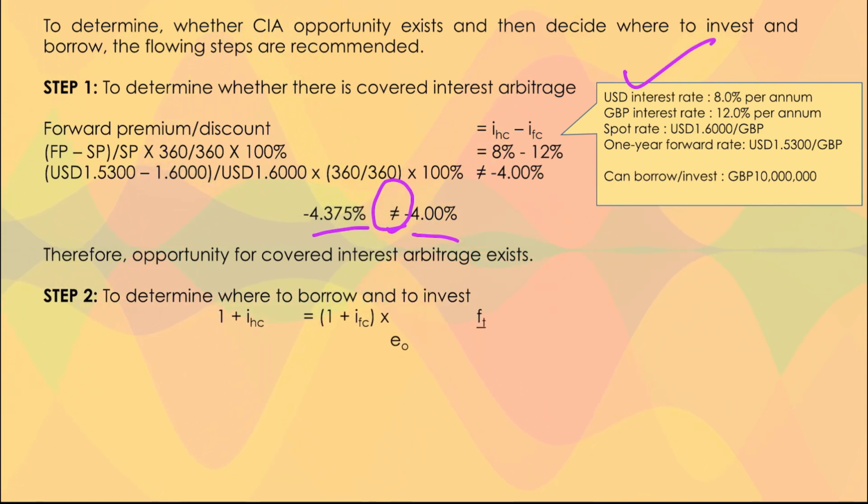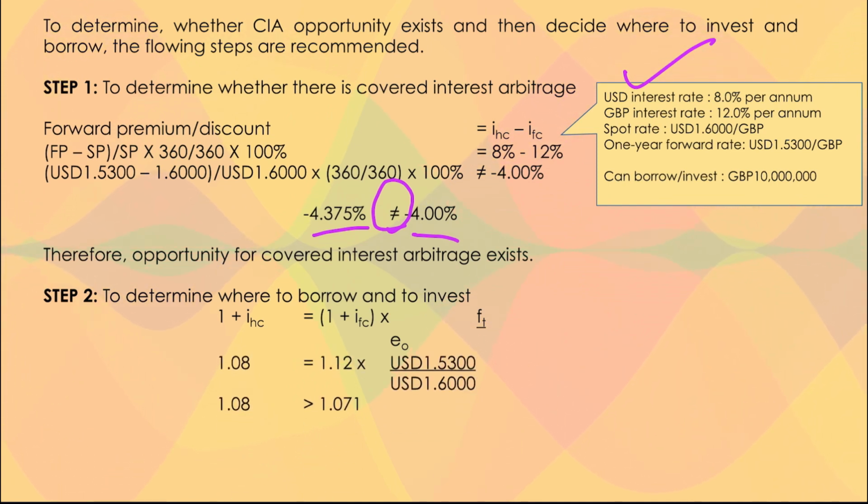Then we have to identify in which country we need to borrow and to invest. For this part, we calculate 1 plus interest at home currency equals 1 plus interest at foreign currency times forward rate divided by spot rate.